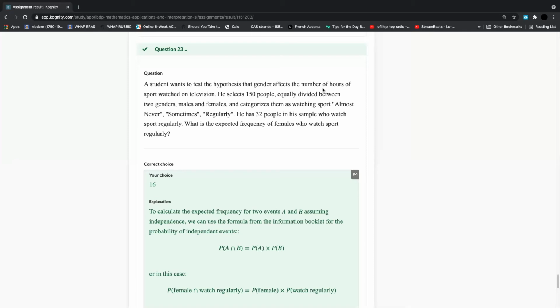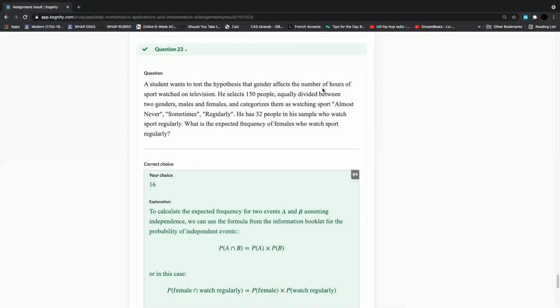So you would have 75 divided by 150. Once you multiply 150, times open parentheses 32 over 150 close parentheses, multiplied by open parentheses 75 over 150 close parentheses, you will get your value of 16.